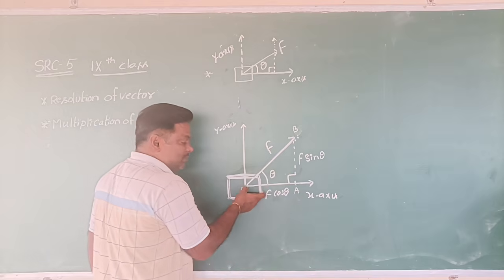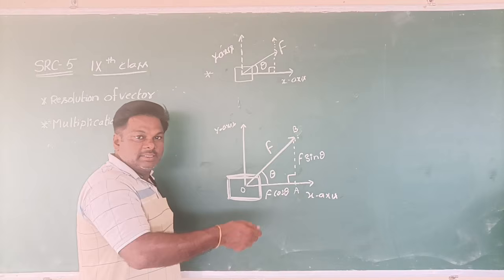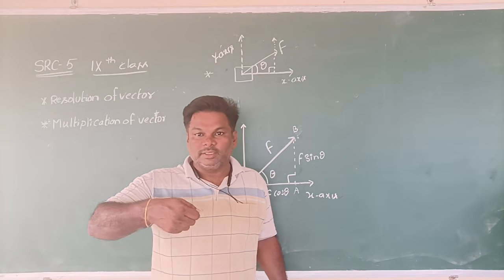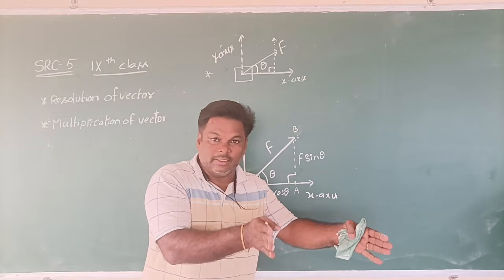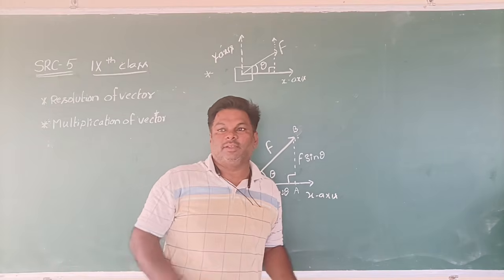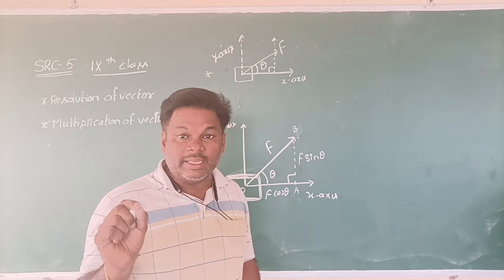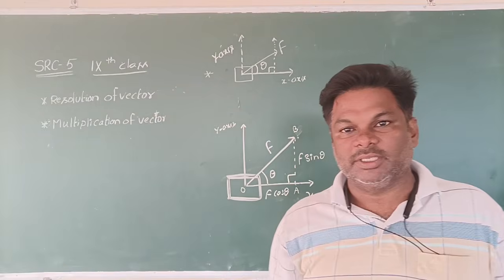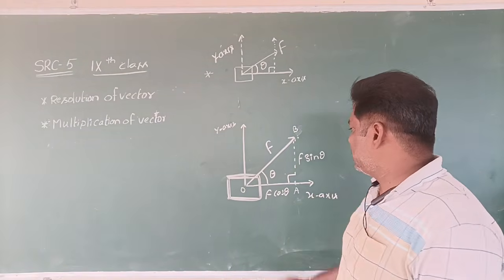Simultaneously, it will lift the object vertically upwards. For example, if I tie a rope to a box and try to pull it with your hand, that box will come forward and slightly the front portion will rise on one side. So whatever force you apply is utilized to pull the object as well as to lift the object. That's what I will do here.